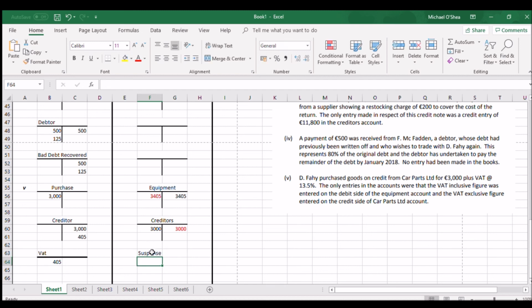So my suspense account, I'm going to take both figures and enter them into the opposite side. So this 3,000 in black above on the debit is going to go here on the credit, and the 3,405 above in the equipment account is going to go on the debit side here. So I'll have 405 that I'll take forward from my suspense account. Now both sides are even, as they're both even here as well. That's the end of the notes.